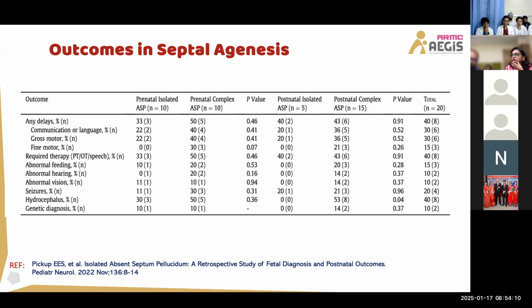It is difficult, as we were discussing, in these isolated lesions like septal agenesis or Blake's pouch cyst. As Akila madam was telling, it is very difficult to give the true picture, and from the patient's perspective, they take it in a completely different way. Everybody wants their child to be textbook, a champion in chess and other things.